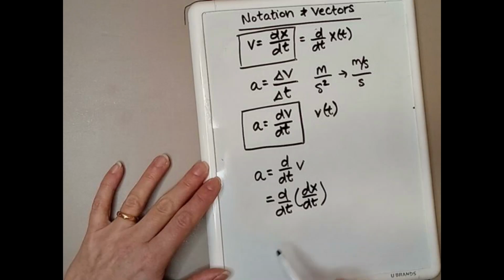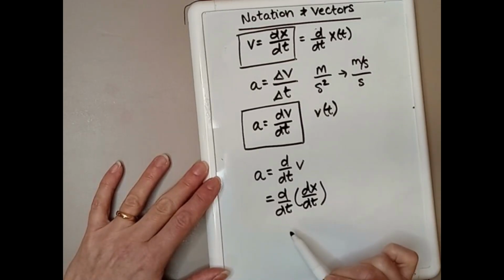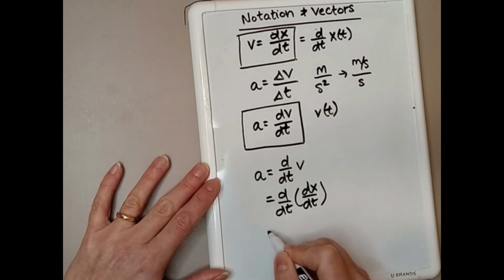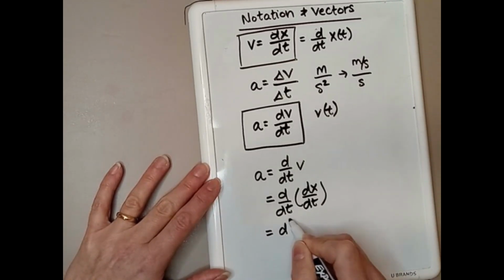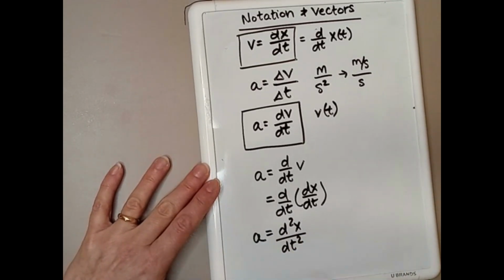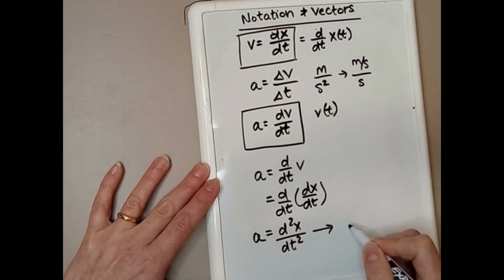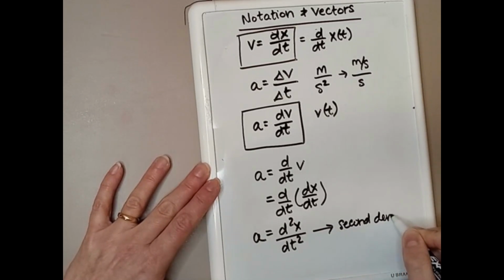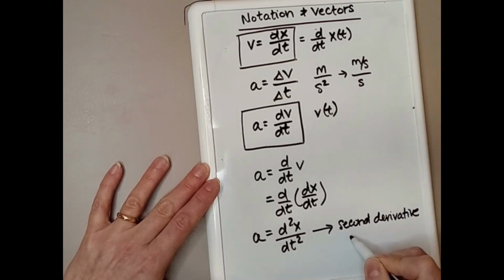So now what I have is a is equal to d by dt of dx by dt. And this is just written as d squared x over dt squared. You won't need to know this right this second, but this is called a second derivative. So you would say that acceleration is a second derivative of x.